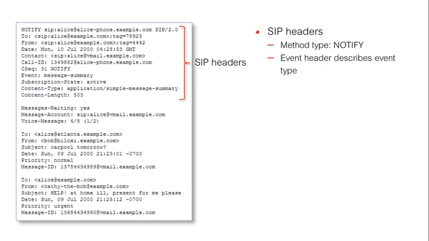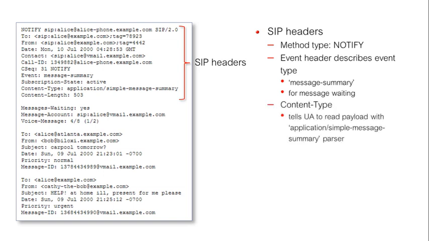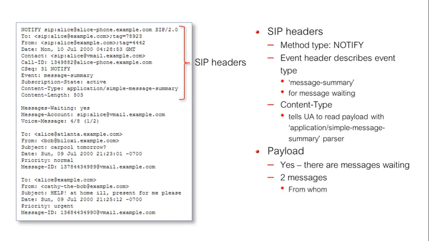In this case, finding message summary, the defined name for message waiting. Note the special content type, which tells the user agent which parser to use when reading the payload. Looking at the payload, we see that yes, there are messages waiting, 2 of them in fact. Note how they each have descriptions, including who left the message, the subject of the message, and its priority.